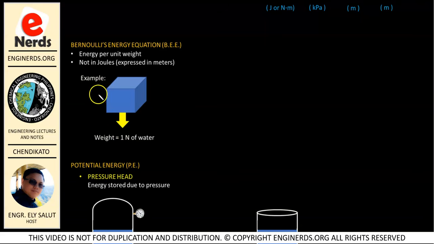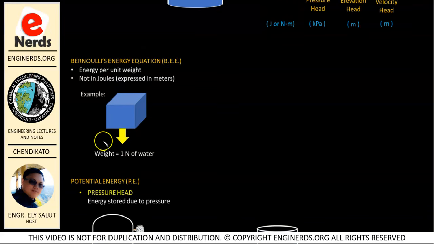So this is the volume of water having a weight of 1 Newton. Okay, so anong energy meron dito sa ating 1 Newton ng water? So let us say we know the energy that is stored dito sa ating 1 Newton of water. So the energy is having a unit of joule, okay, or Newton meter, no?